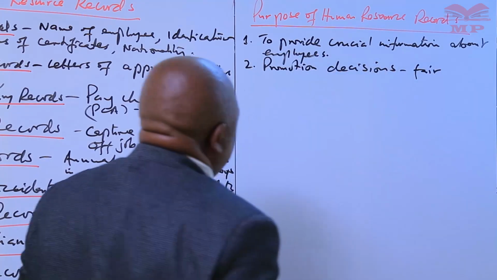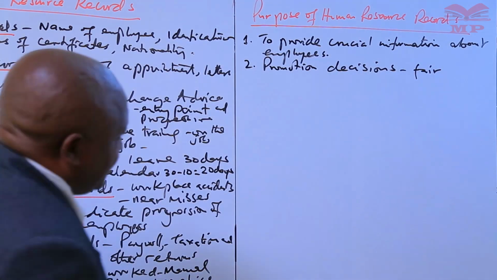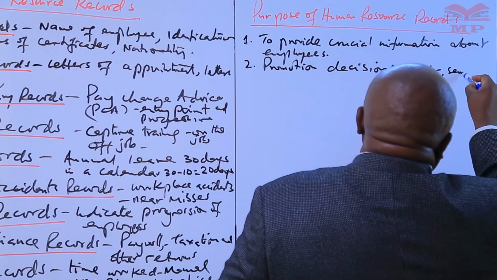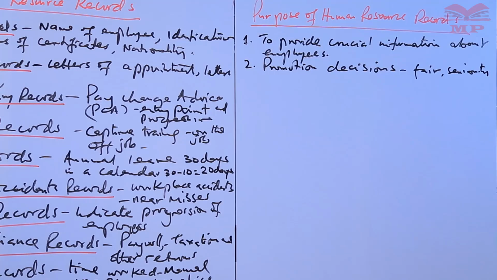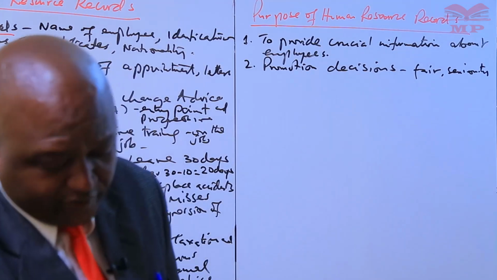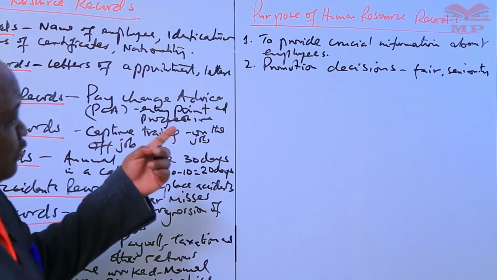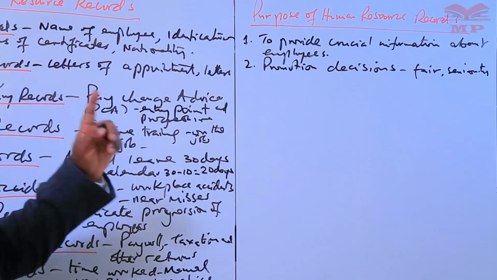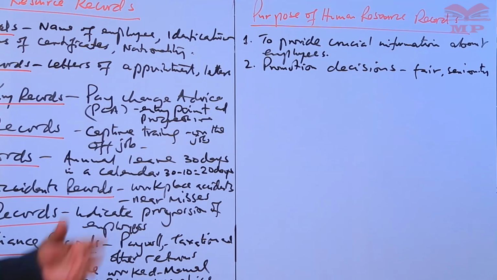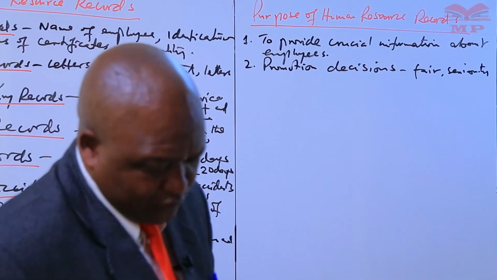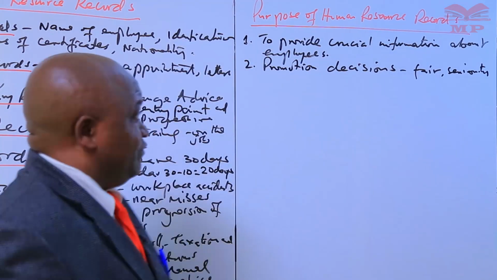So if you have proper records, then you can see if you are using seniority, for example, you are able to check and say, if you are using the seniority principle of promotion, then if you have 6 employees in a section, and one employee has worked for 10 years, another one 12 years, another one 15 years, then it is possible you can be able to use the criteria of seniority and say, the one who has been there for the longest period of time, if that person is capable and willing, could be promoted. So for promotion decision purposes, that could be one of the reasons why an organization maintains records.